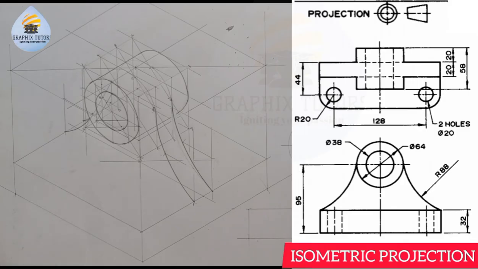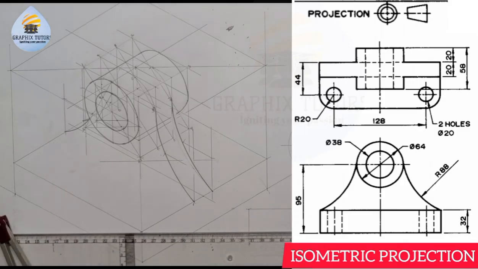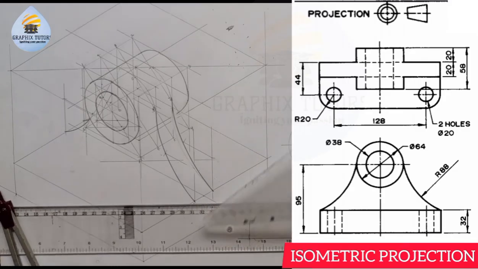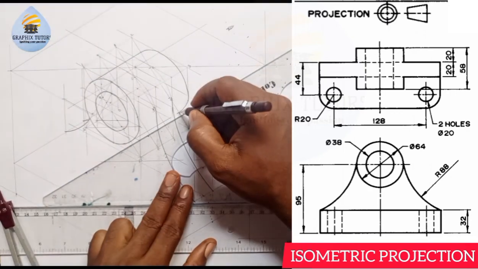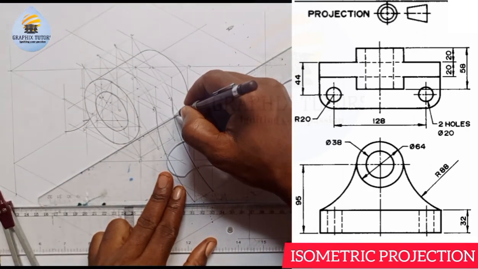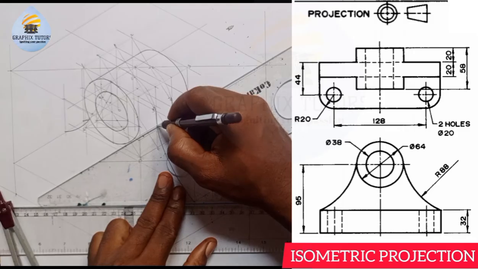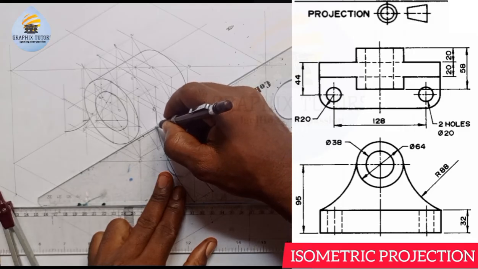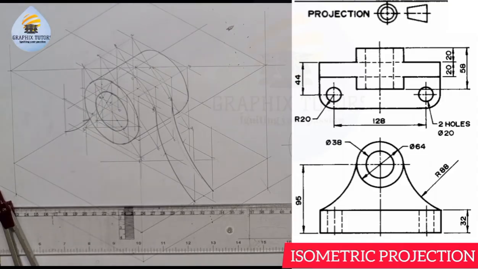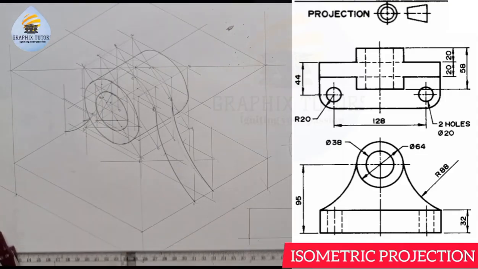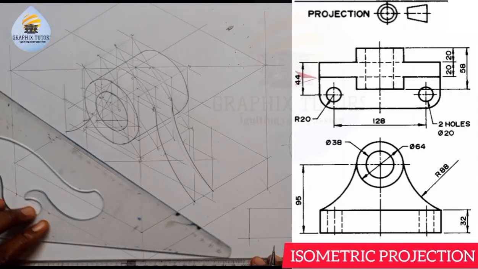I can now take this inward this way from here. From this point, this will come to touch here. Then from this point, this will go straight to touch here. Then I can easily, with that line you see, just draw.